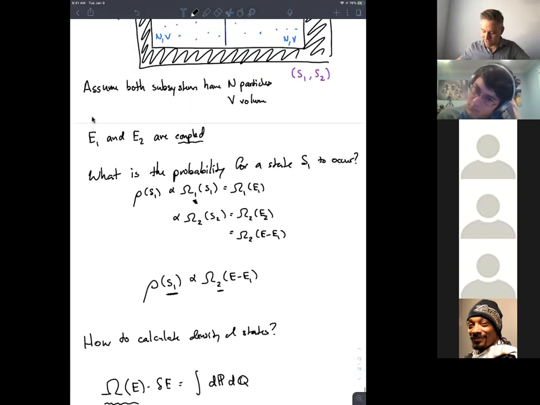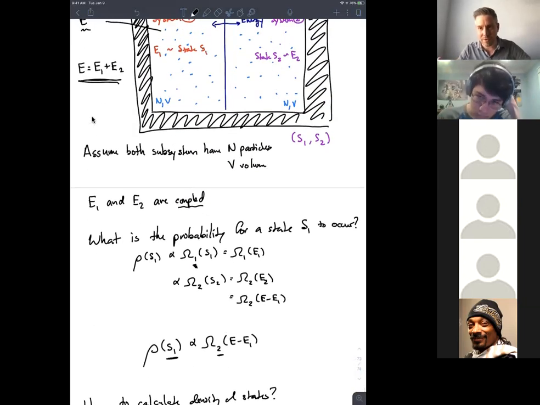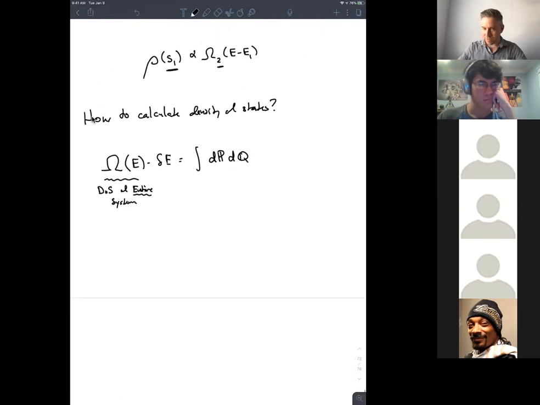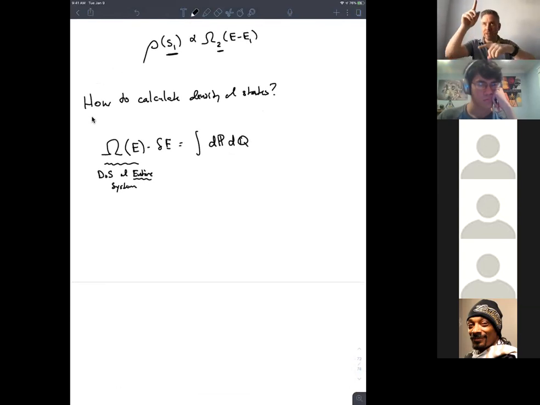But now we have two sets of phase space variables: those that correspond to subsystem 1 and those that correspond to subsystem 2. So instead of being two-dimensional, our phase space is now essentially four-dimensional.